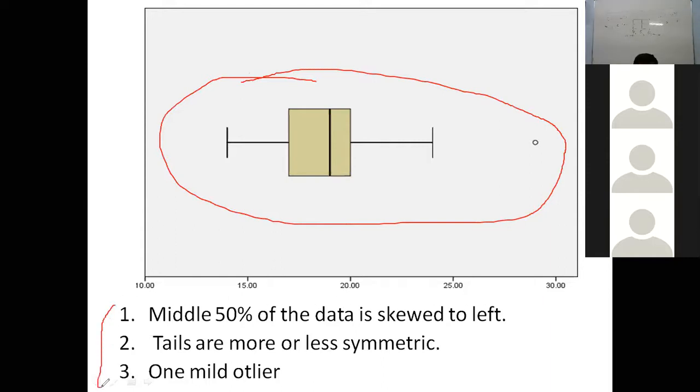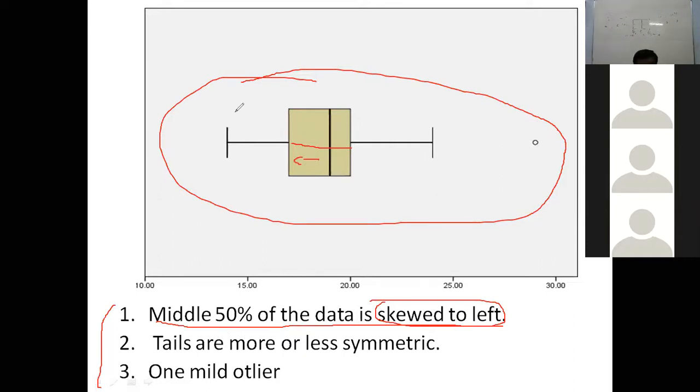What about the middle 50% of the data? Is it symmetrically distributed? No, it is not symmetrically distributed. This middle 50% of the data is skewed to which side? Left side. Middle 50% of the data is skewed to the left side, isn't it? So that is obvious.